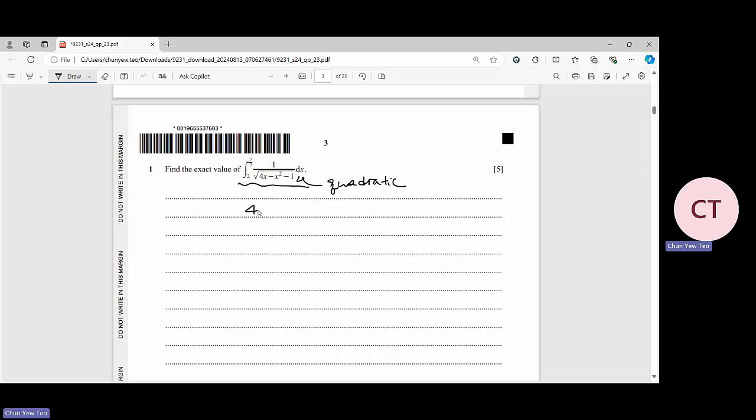The denominator looks a bit troublesome, so we try to make it like this: x minus 2 squared, then minus 3. Expand, and you get this. So I complete the square first, then now we can start to integrate.